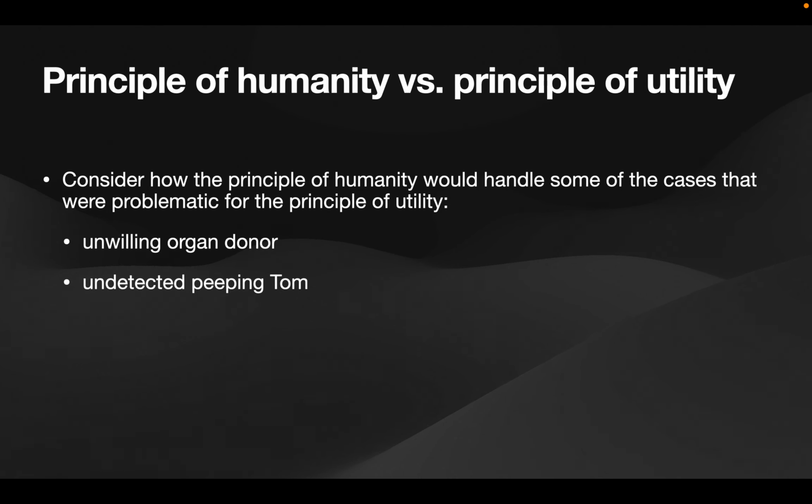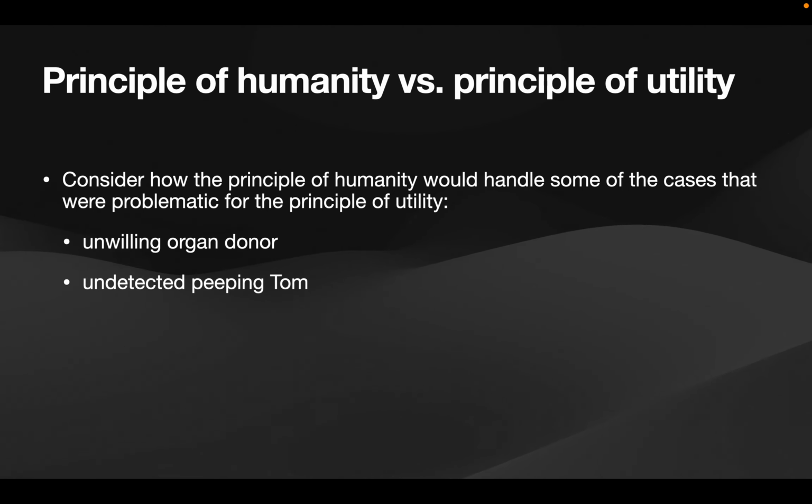Finally, consider the peeping Tom example, the person who goes around spying on people in their intimate moments, and they're totally undetected, so no one ever knows they're there. Again, according to the principle of utility, it seems like this person, the peeping Tom's, well-being is increasing because they're enjoying what they're doing, and since nobody knows what they're doing, it seems no one else's well-being is decreasing.